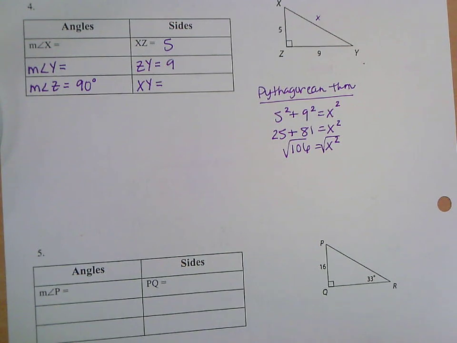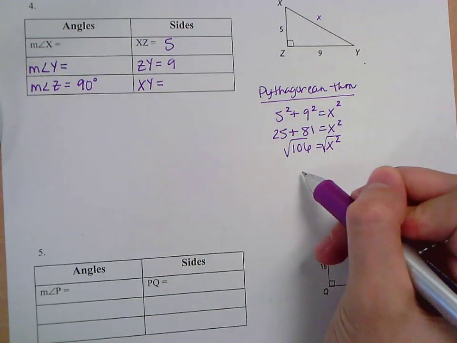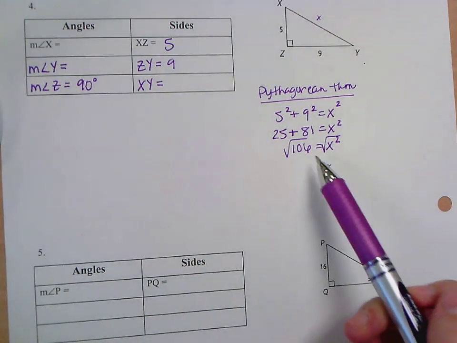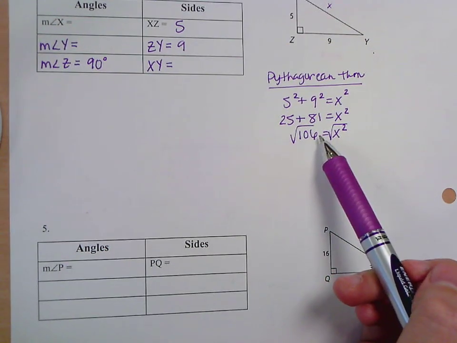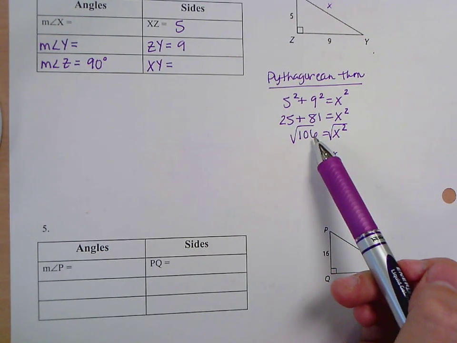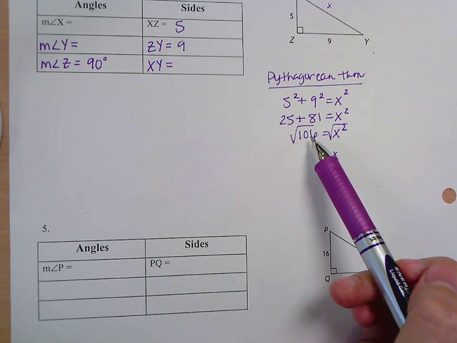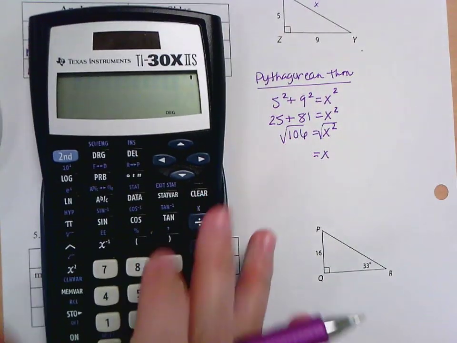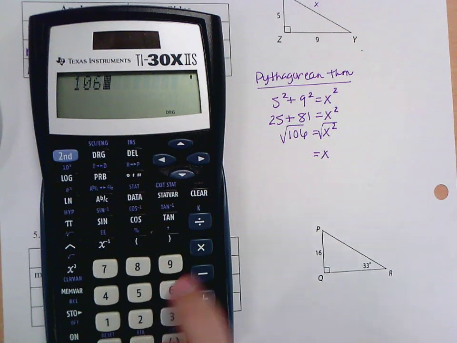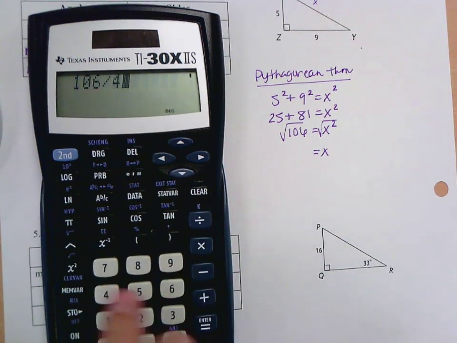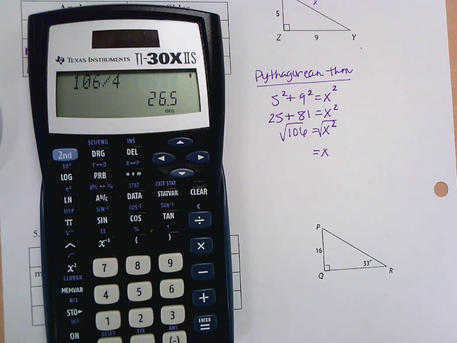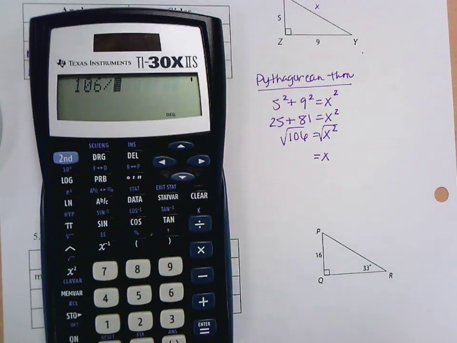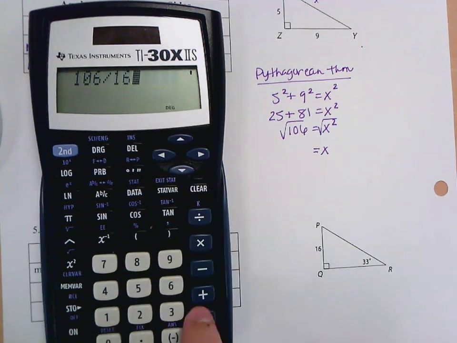Now, I'd like to leave the answer exact. So 106 is not a perfect square. Is there a perfect square that goes into 106? Let's see. What are my perfect squares again? 4. Okay, can I divide it by 4? No. What's another one? 9? No. 16?